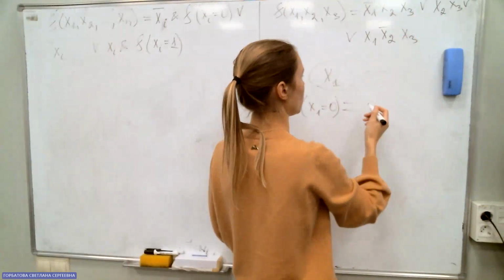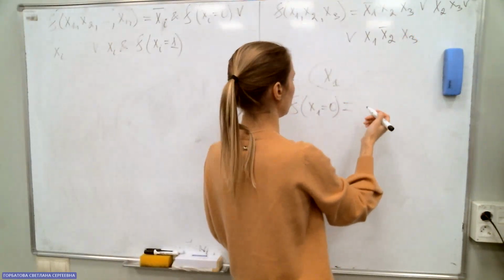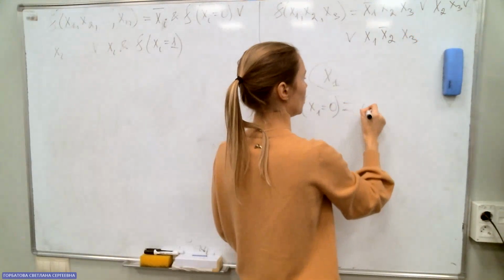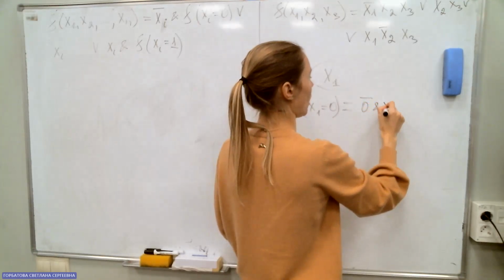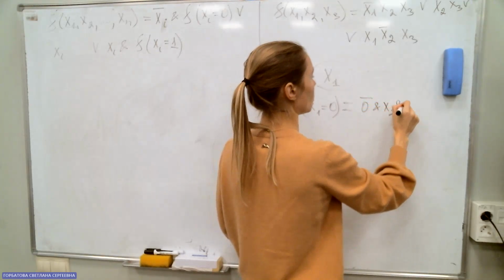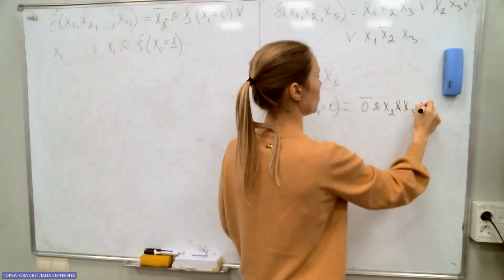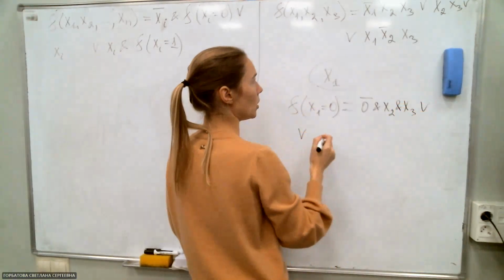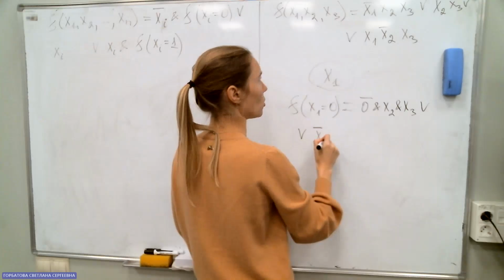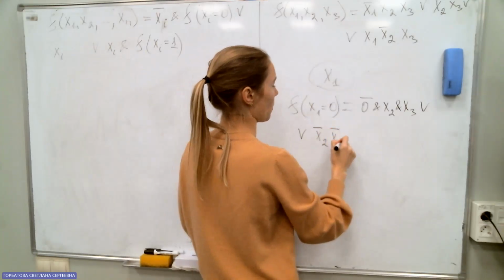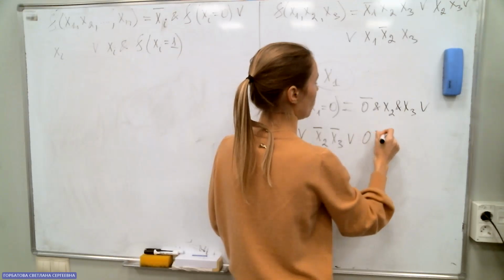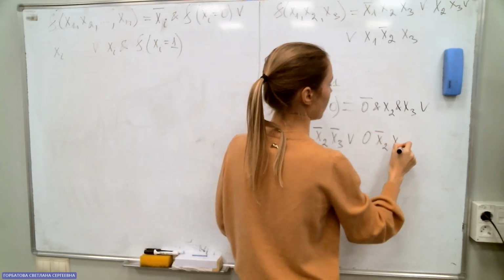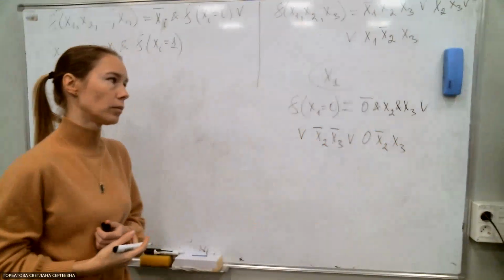So this expression where x1 equals to 0: not 0 conjunction x2 conjunction x3, disjunction not x2 not x3, disjunction 0 not x2 x3.